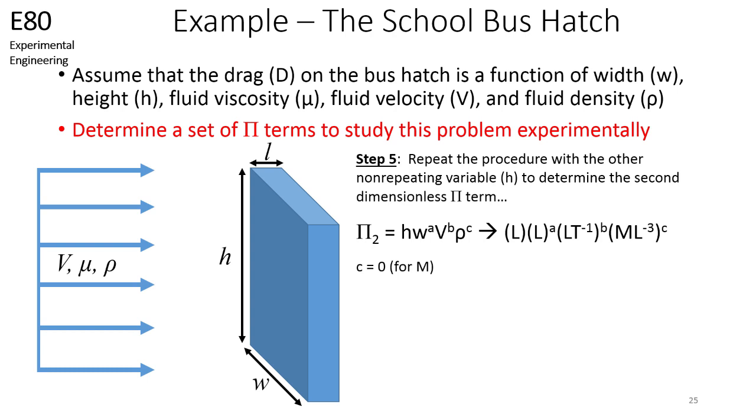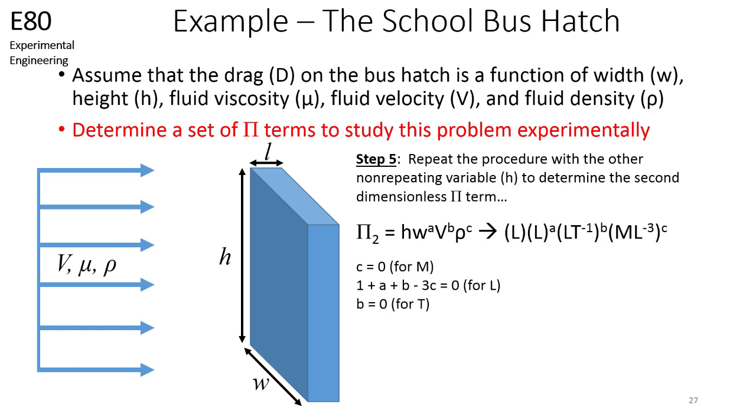Here we see that we have a mass m on the right with an exponent of c, but that's it. Therefore, c would have to equal 0. Now let's take a look at L. This is a little more challenging, since L has exponents of 1, a, b, and negative 3c. Let's come back to this later.